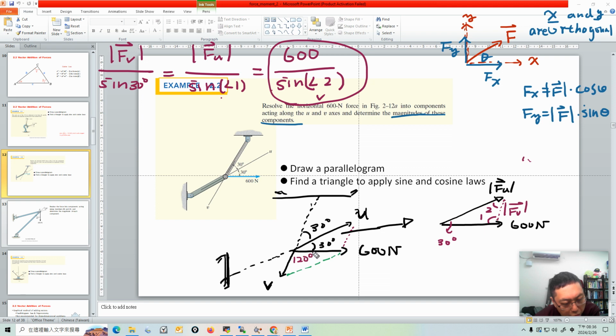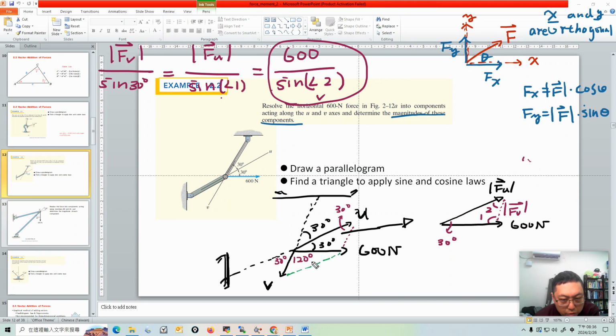Okay, so this is also 30 degree, because these cross each other, so 30 degree here, 30 degree must be here. So this 30 degree tells you this must be 30 degree as well.